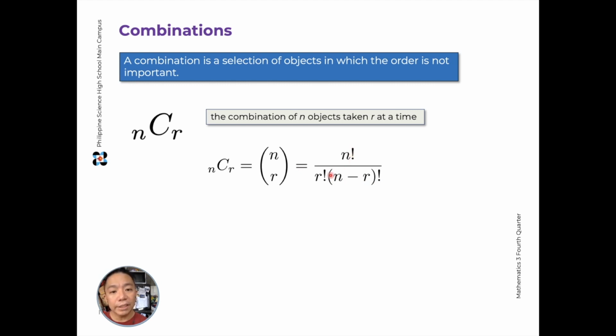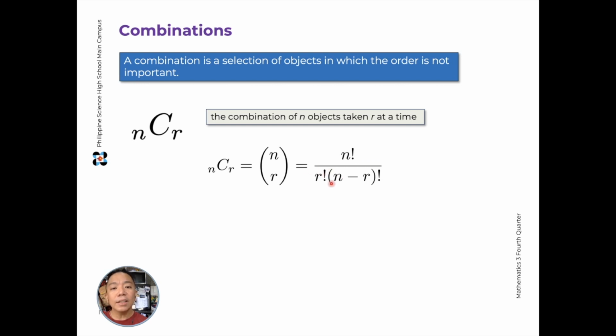Yung n factorial divided by (n minus r) factorial, so itong part na to, yan yung permutation. Na meron akong n objects, tapos mag-a-arrange ako ng r objects from that n objects. Then, itong r factorial na dinidivide natin dito, yan yung pagtanggal nung importance nung ordering dun sa n objects na pinepermute ko yung r objects sa kanya.